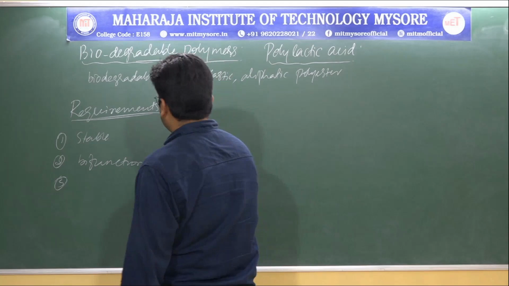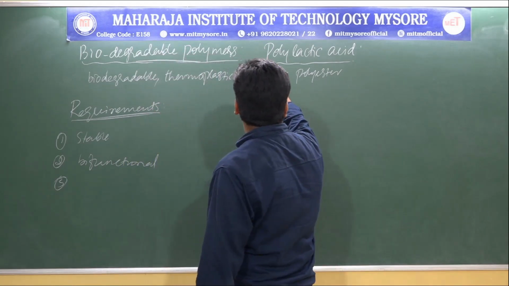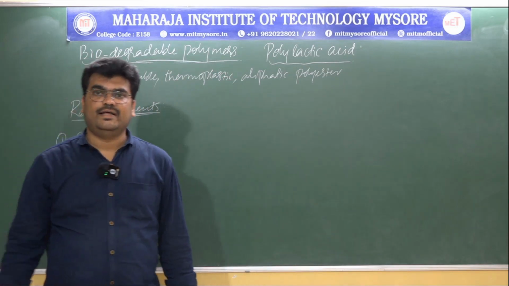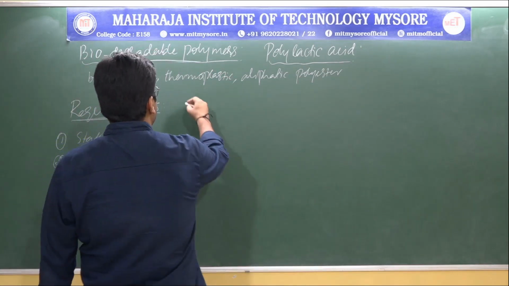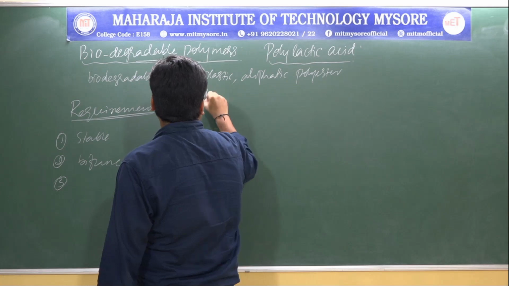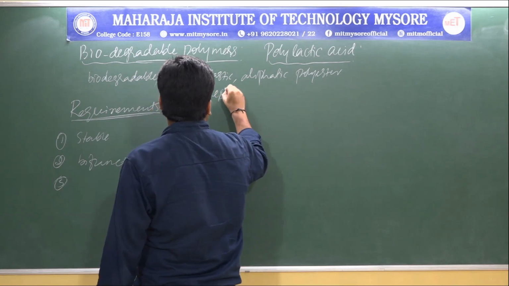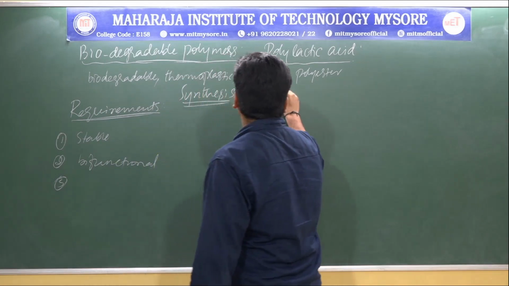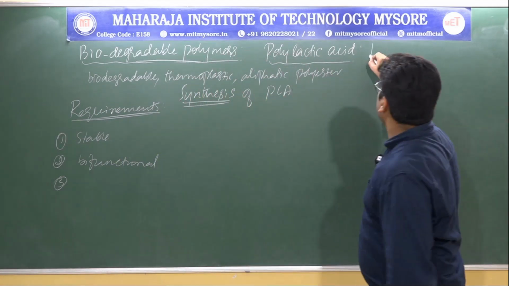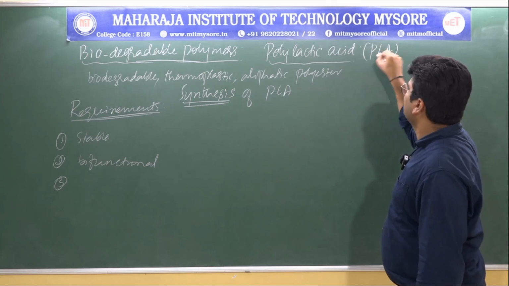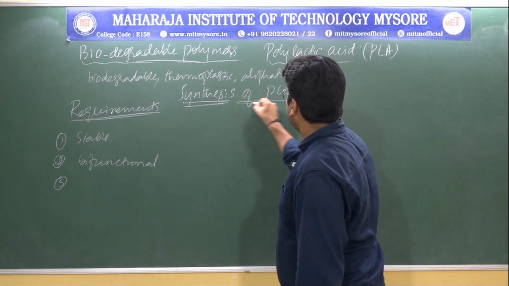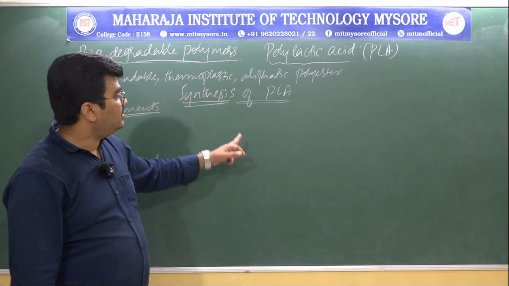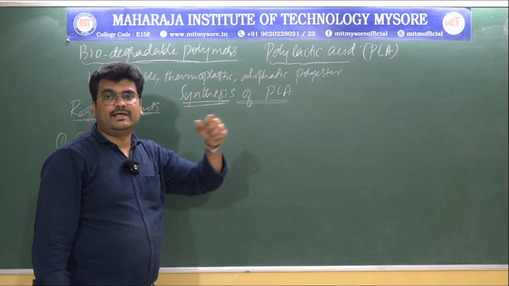With these requirements, let us move towards the synthesis of polylactic acid, in short called PLA. First, let us understand how lactic acid is prepared, then we can go for the synthesis of polylactic acid.